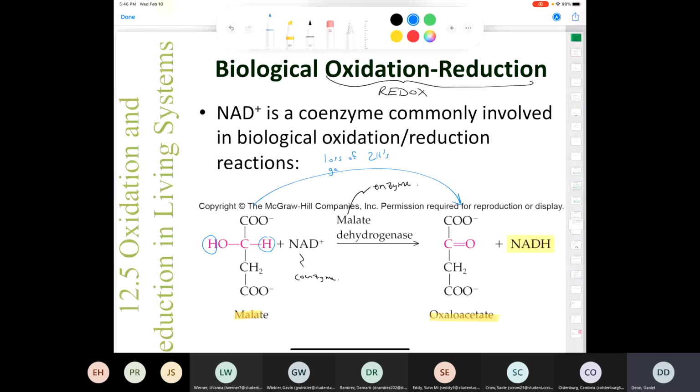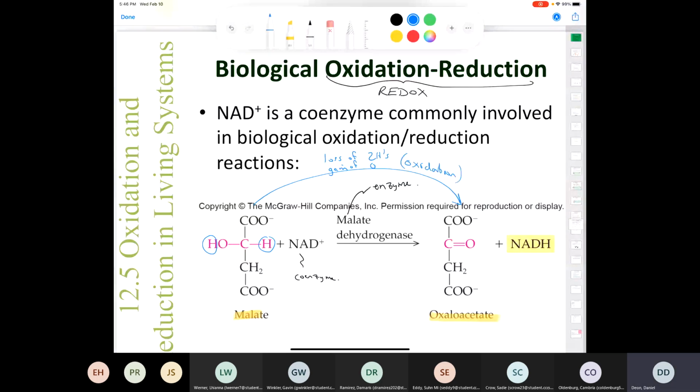Well, something else you probably remember from Chemistry 101 is that you can't have oxidation without reduction. They have to occur simultaneously. You can't have any reduction without oxidation, and you can't have oxidation without reduction. Well, the question then becomes, if my malate is being oxidized to oxaloacetate, right? So this is oxidation. What's being reduced?